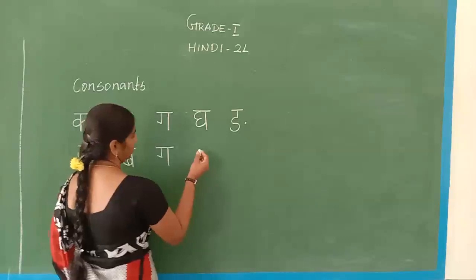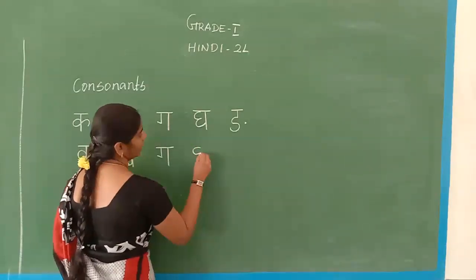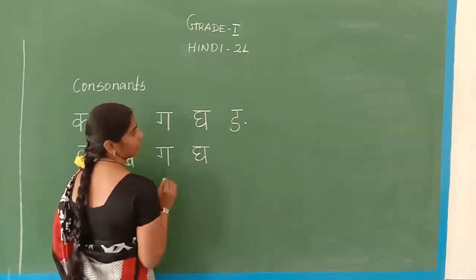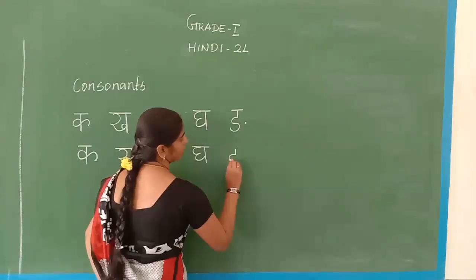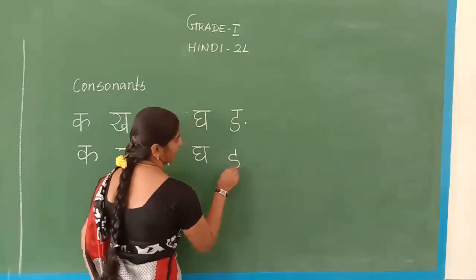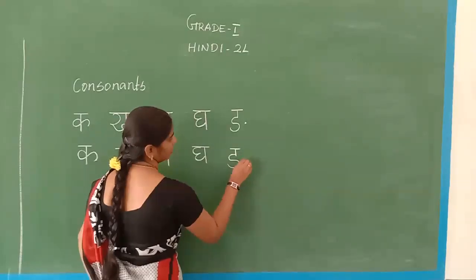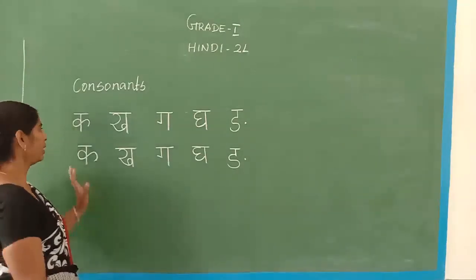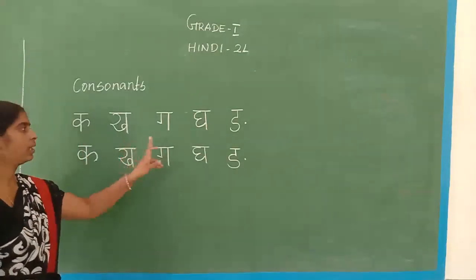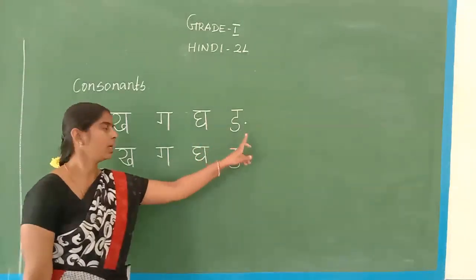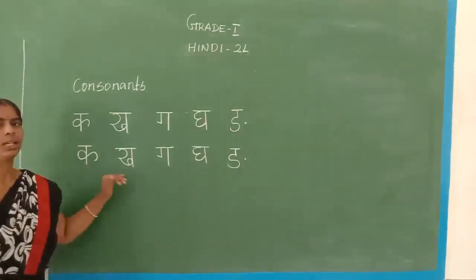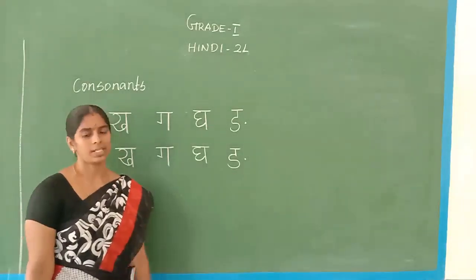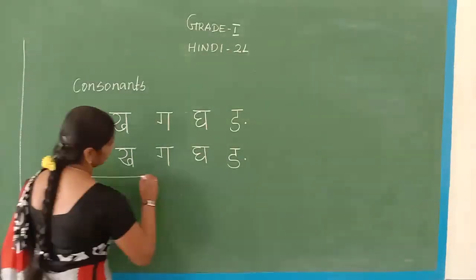Then the fourth letter, sharp line and like an S and top of the line and dot. Clear, children? Once again we say ka, kha, ga, gha, na. Right. Okay, shall we go to the next line?